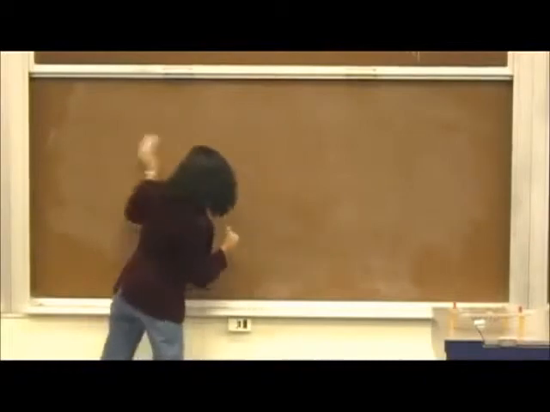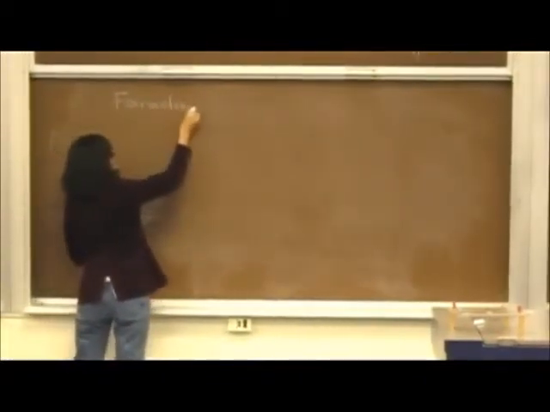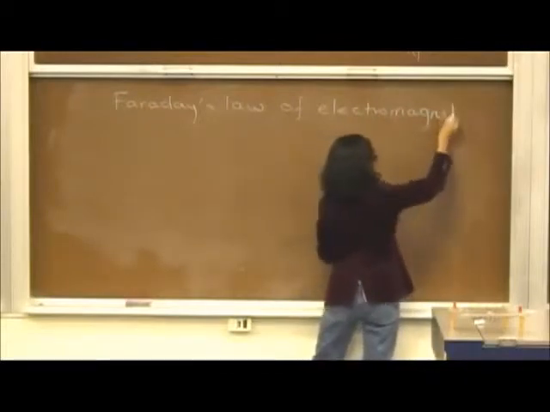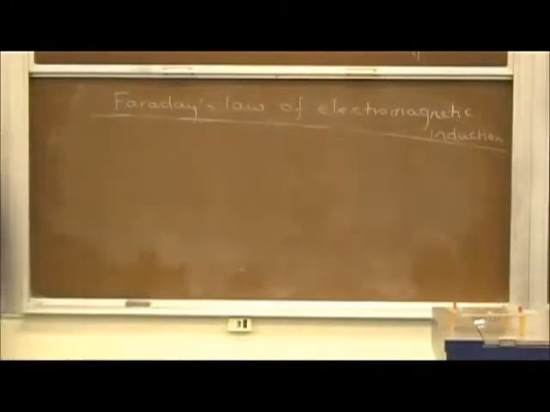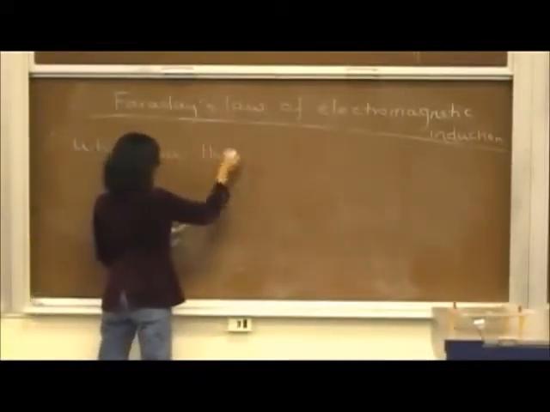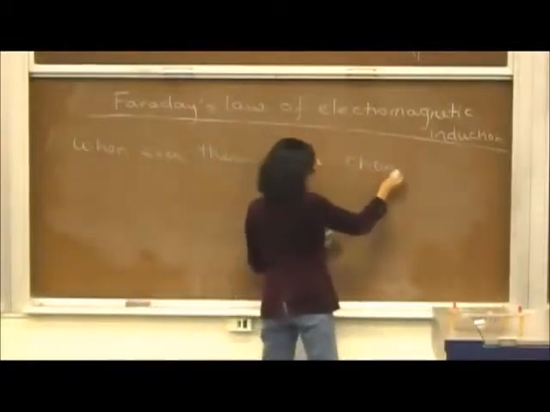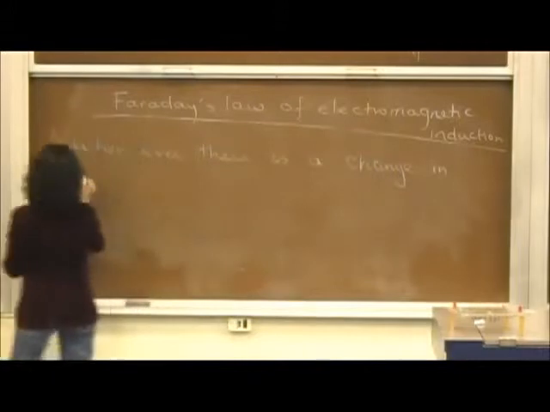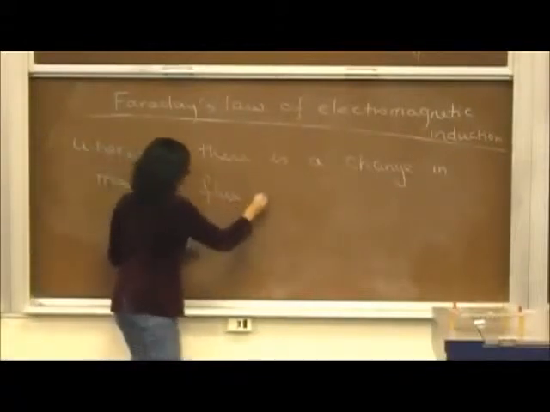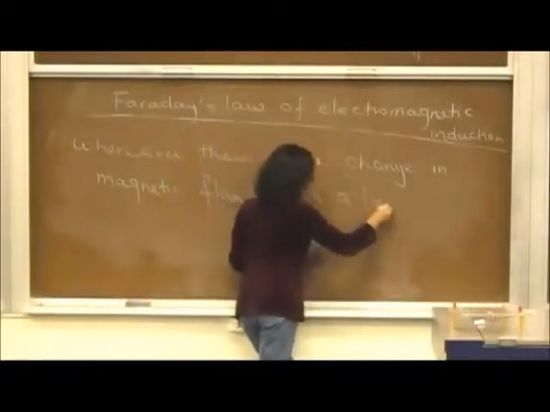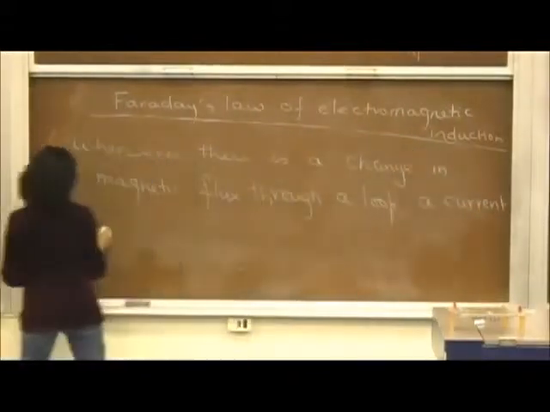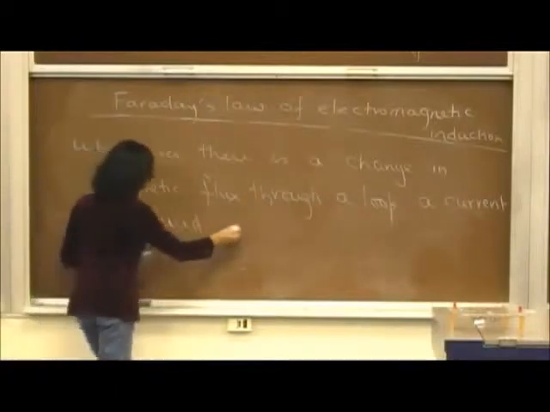What it says is that whenever there is a change in the magnetic flux through a loop, a current is induced, and an EMF is induced.